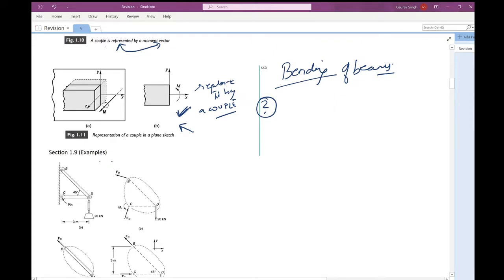So there are some other concepts which we'll just go through quickly because you have gone through them in detail in your earlier course in mechanics. So let's start with something called equilibrium.